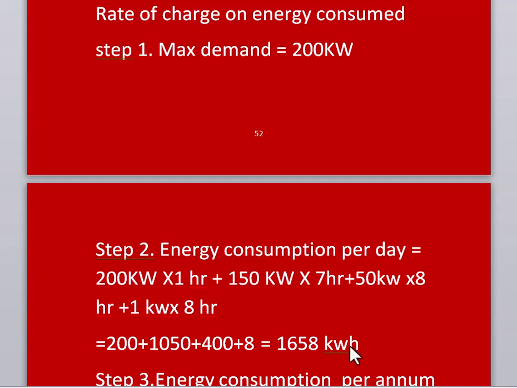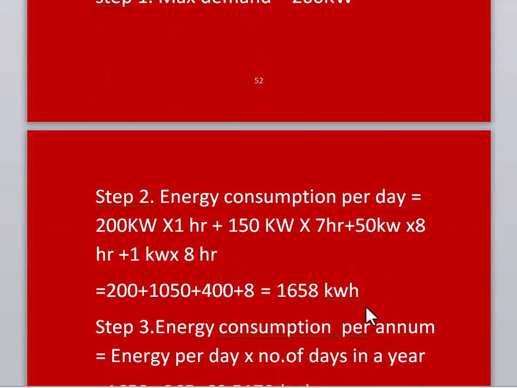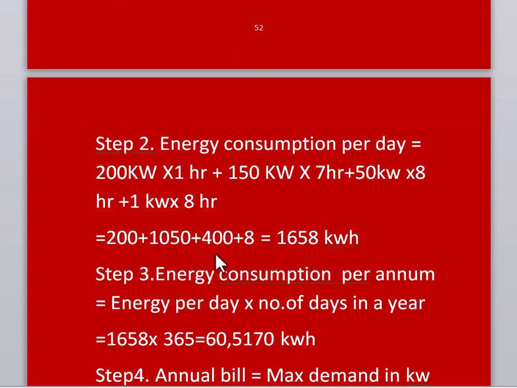This is the total energy consumed per day, but the question asks for the bill per annum. So for 365 days, how much is the energy consumed? That is to be calculated as the annual bill is demanded.